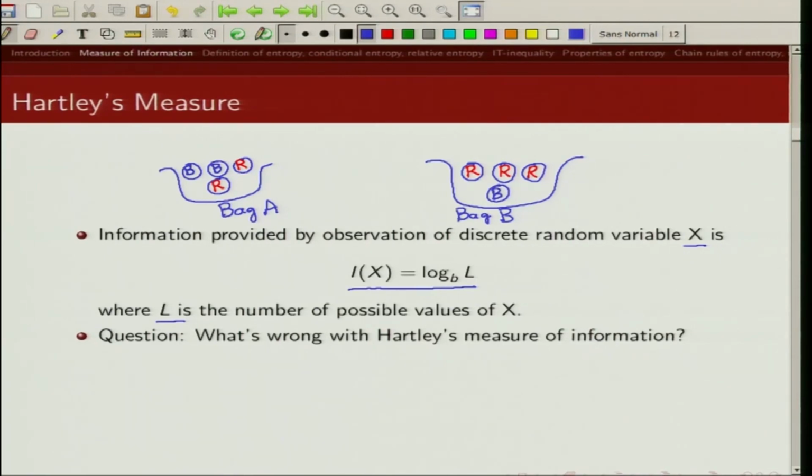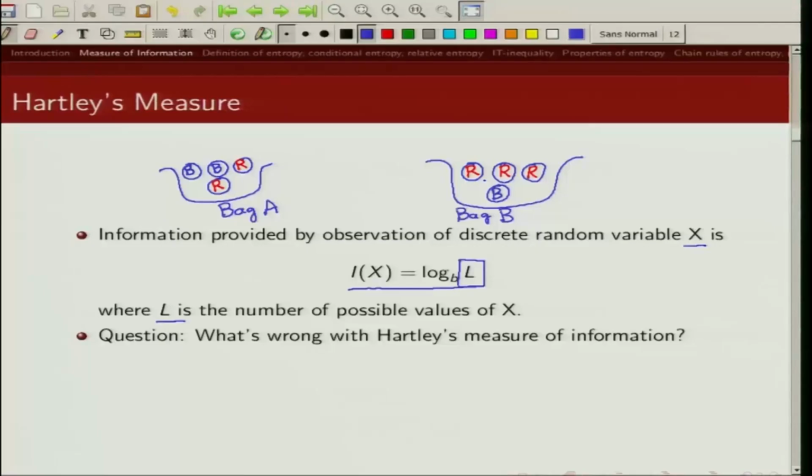So clearly the event of picking a ball from bag A has more information, because it's difficult to predict the color of the ball, because blue balls and red balls are equally likely, whereas in bag B red balls are more likely. So this feature of information was not captured by Hartley's measure of information.